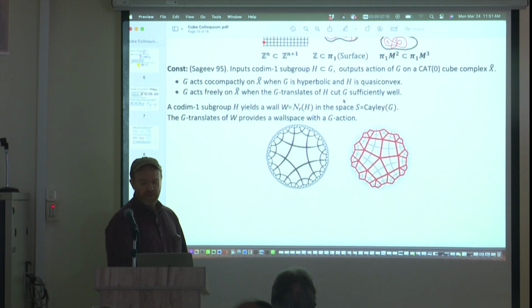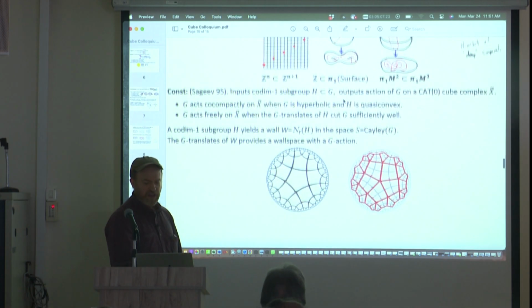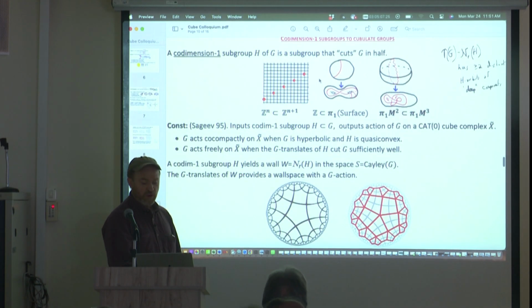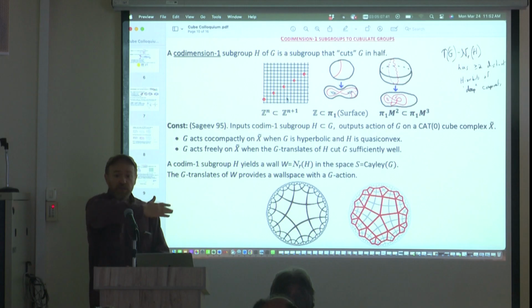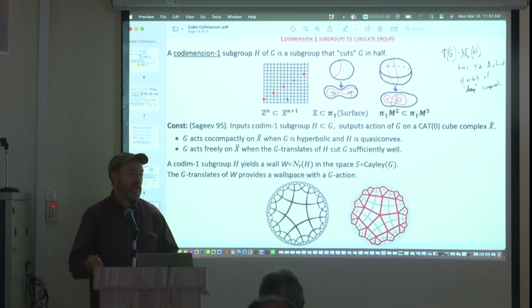And what Sageev did was he said, okay, if I have a codimension 1 subgroup, I get a wall from it. If you imagine thickening it up slightly, there's the stuff on one side and the stuff on the other side. So a codimension 1 subgroup gives you a wall. If you look at all of its translates, now you have a wall space, many walls. And of course, the wall space has a dual cube complex.